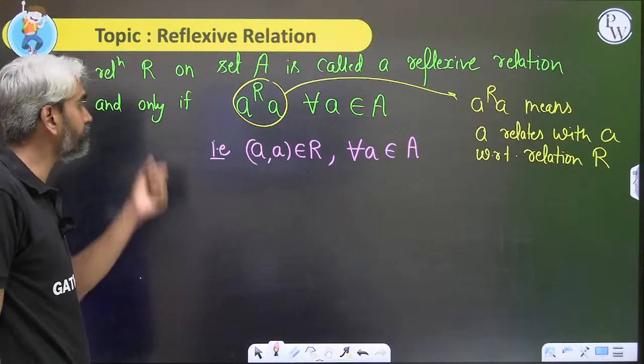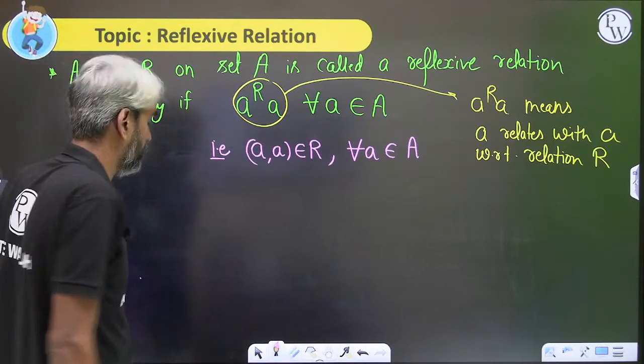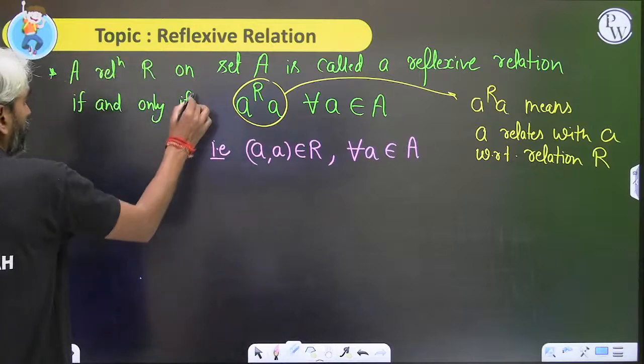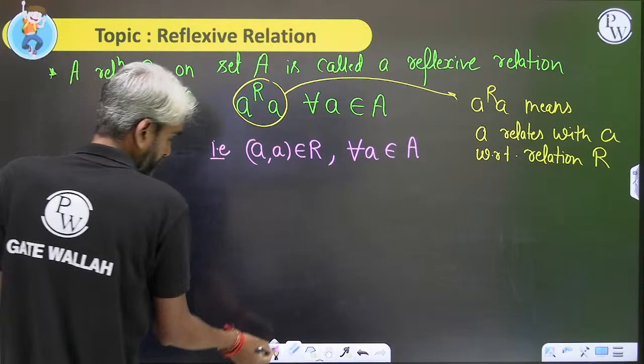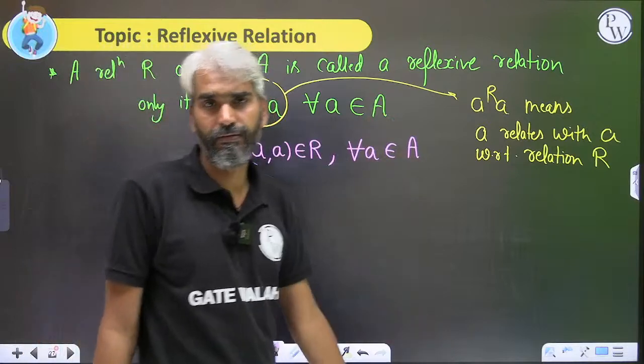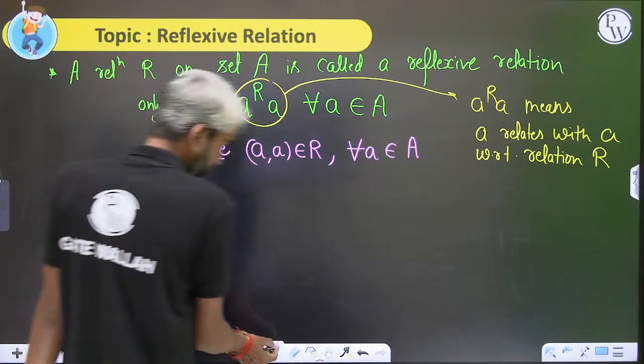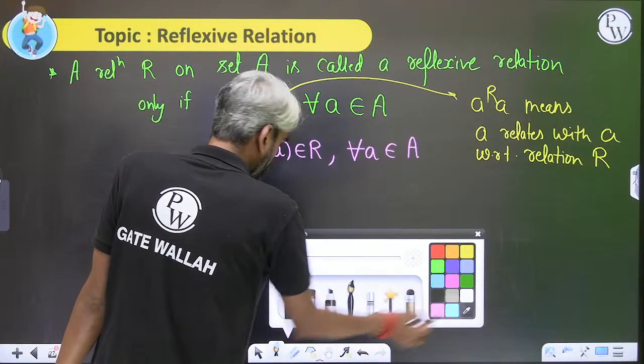What does it mean? Only if A relates with A for all A belonging to set A. Come on, what does it say?